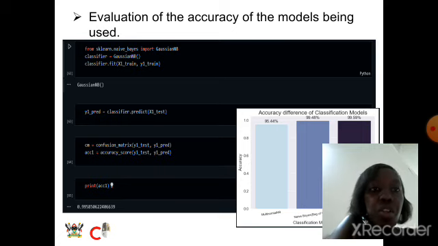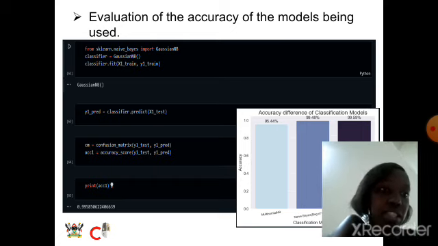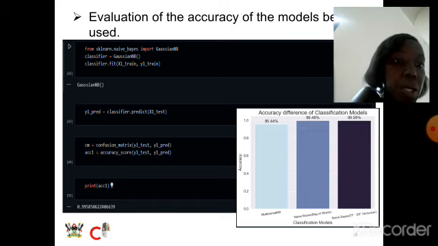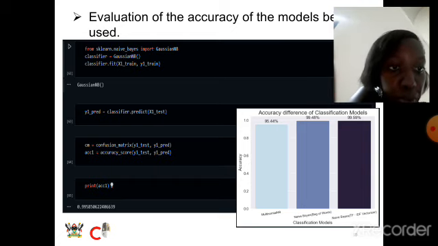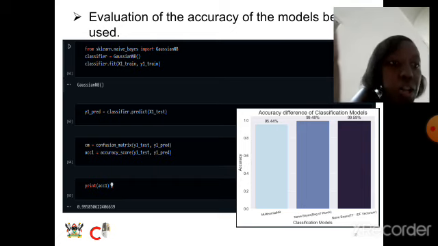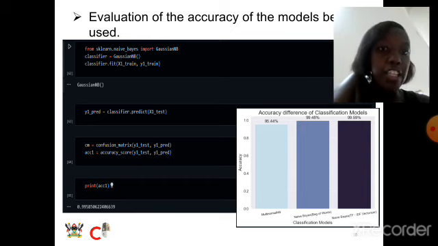Then for the evaluation of accuracy of the models being used, I decided to use the multinomial naive Bayes, the MultinomialNB, then the naive Bayes bag of words, where we had the word cloud, and also the TF-IDF vectorization, as we have seen from the previous slide.